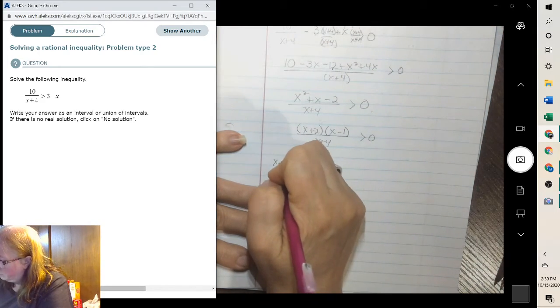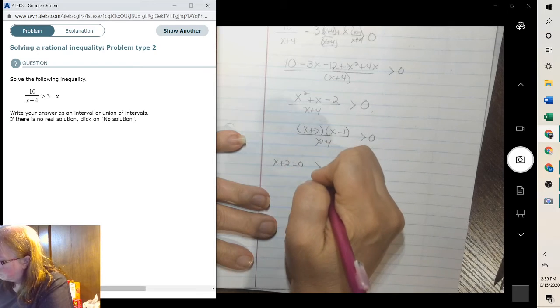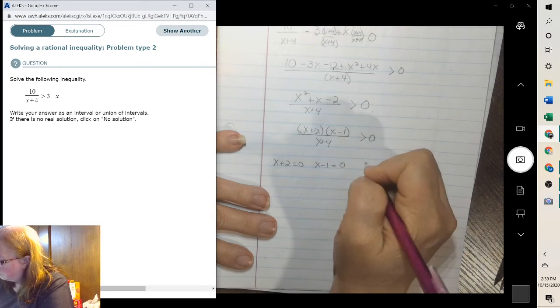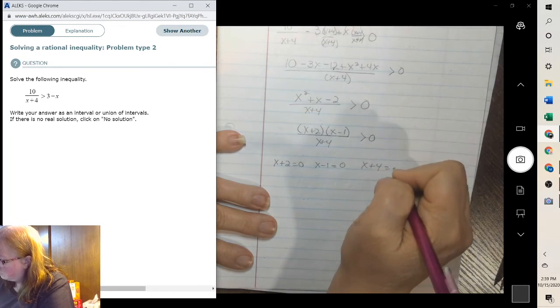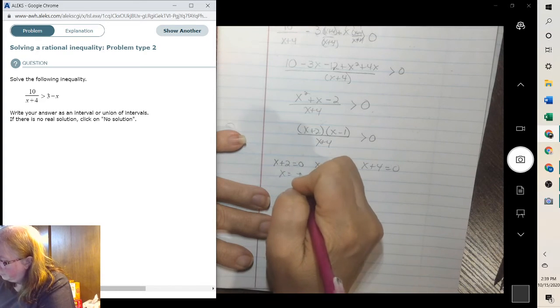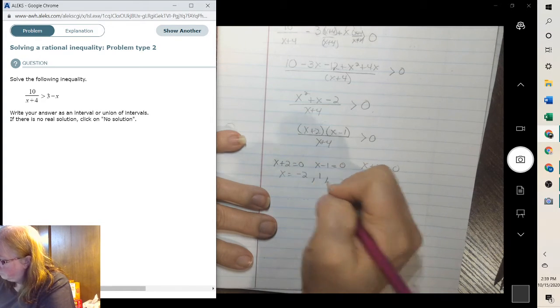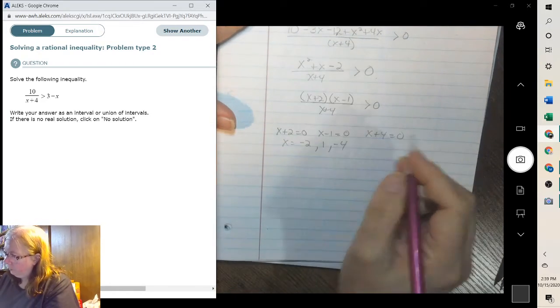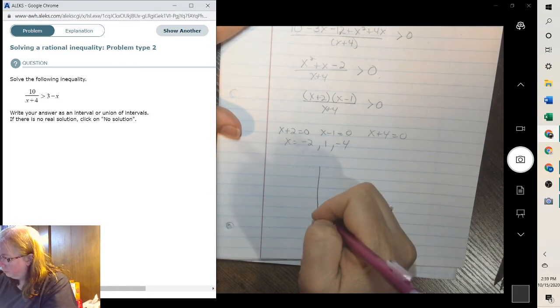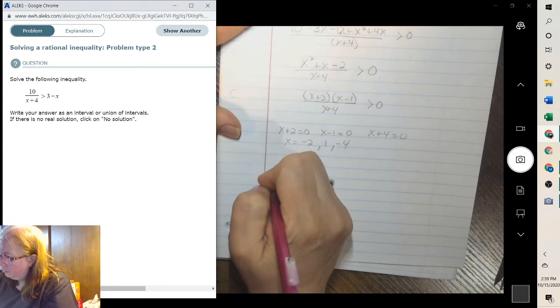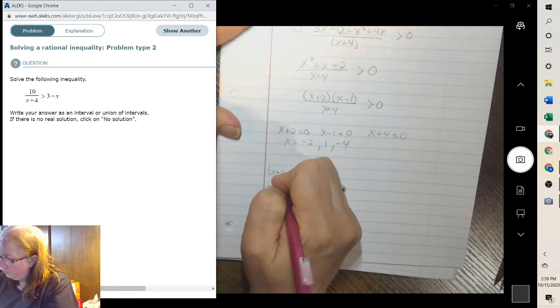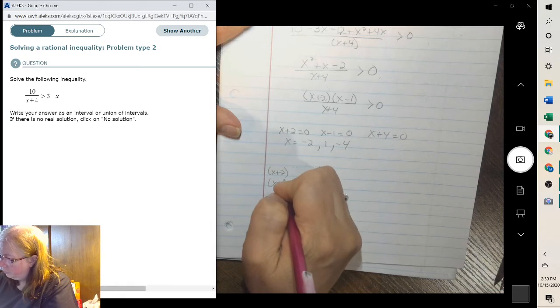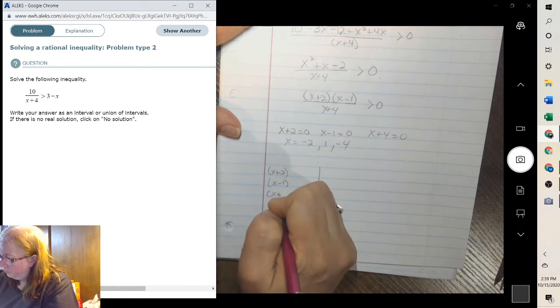So setting them equal to 0, I get negative 2, a positive 1, and a negative 4. Using sign analysis, x plus 2, x minus 1, and x plus 4.